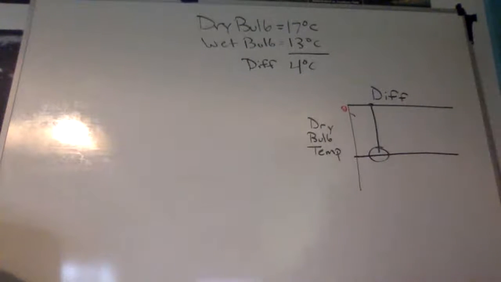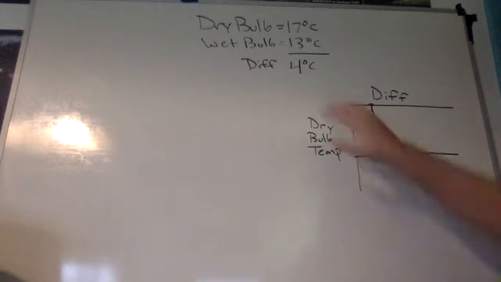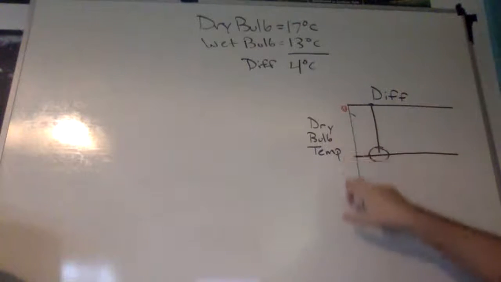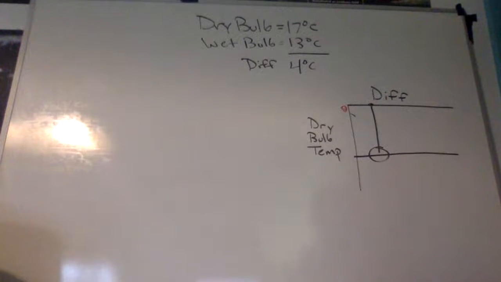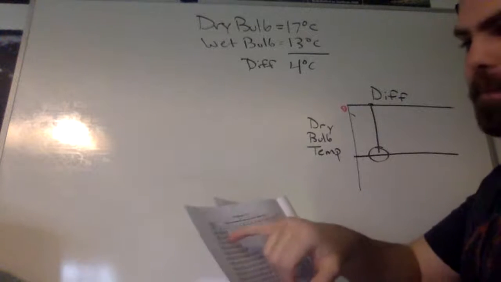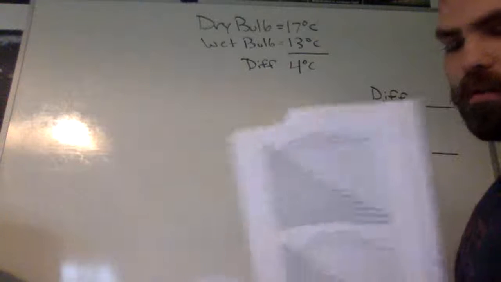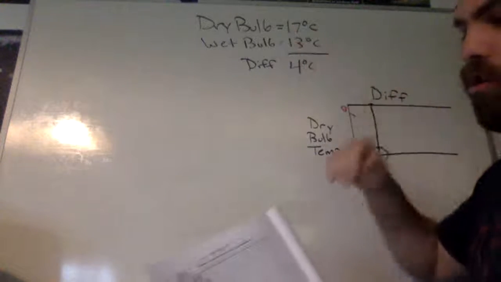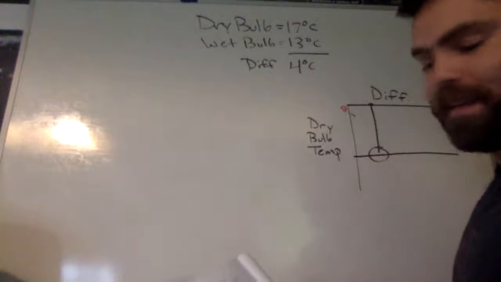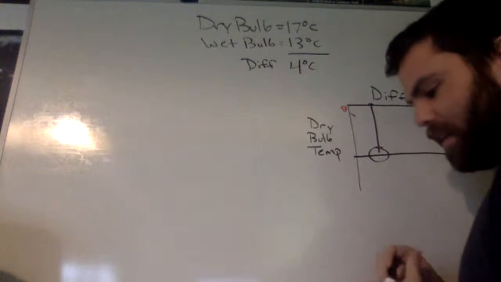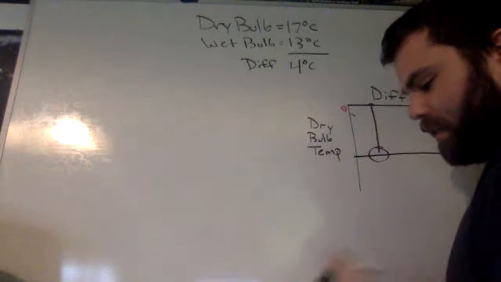Now, the only problem that we have is our dry bulb is 17. We have to find that on this chart. When you're looking at your chart for the dew point, it's all even numbers, but we have an odd number, okay? So what we have to do is, 17 is between what 2 numbers? 17 is between 16 and 18, right?